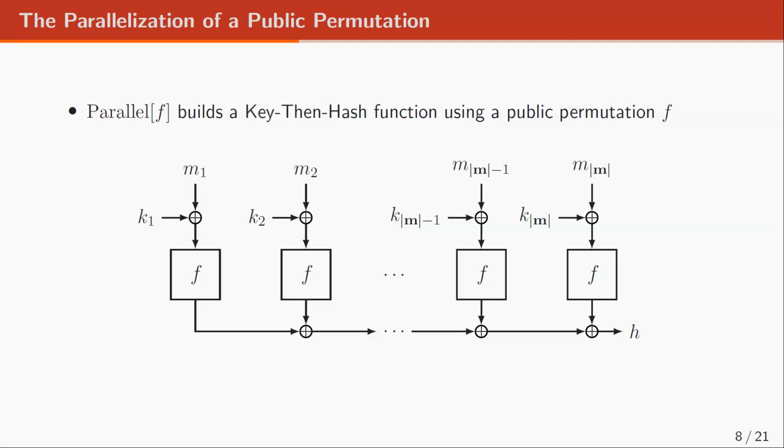As you can see here, each function call only depends on the corresponding key and message block characters, and with the digest you can use the sum of the function outputs. So this is very flexible. You can do it serially or in parallel or some hybrid way, as long as you just take again the sum.